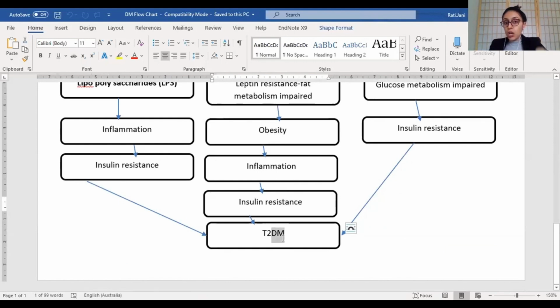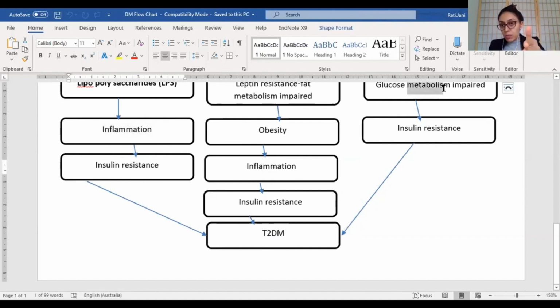And this is your mechanism 1 and 2 in the PowerPoint slide. Okay, so obesity causing type 2 diabetes is what we have covered. Now you know when you have sublime inflammation, this results in insulin resistance. Glucose metabolism impaired, automatically you have insulin resistance. And when you have insulin resistance in total, this causes type 2 diabetes.